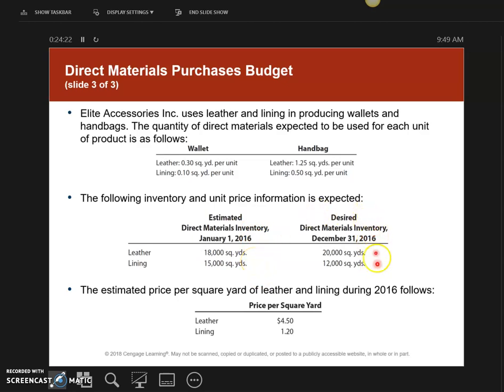Here is what I want to have on the shelf at the end. And here's what I'm going to pay per square yard. So I'm going to put together a direct materials purchase budget, which will tell me exactly how much leather I need to buy and what will be the cost of it, and how much lining I need to buy and what will be the cost of it.